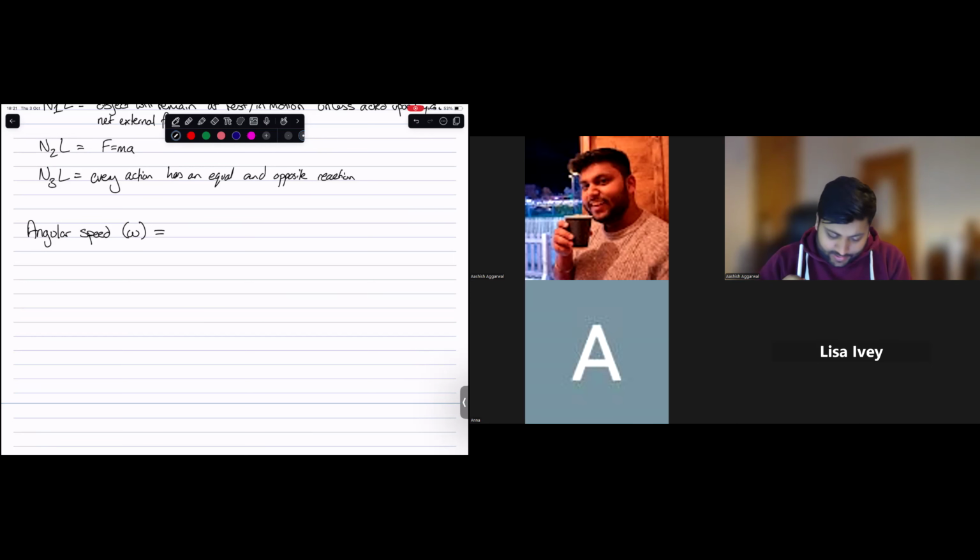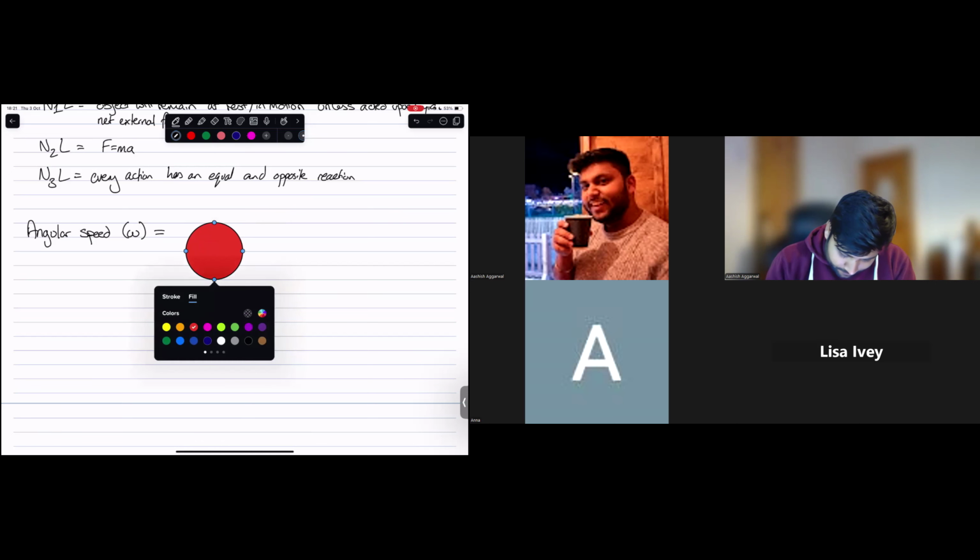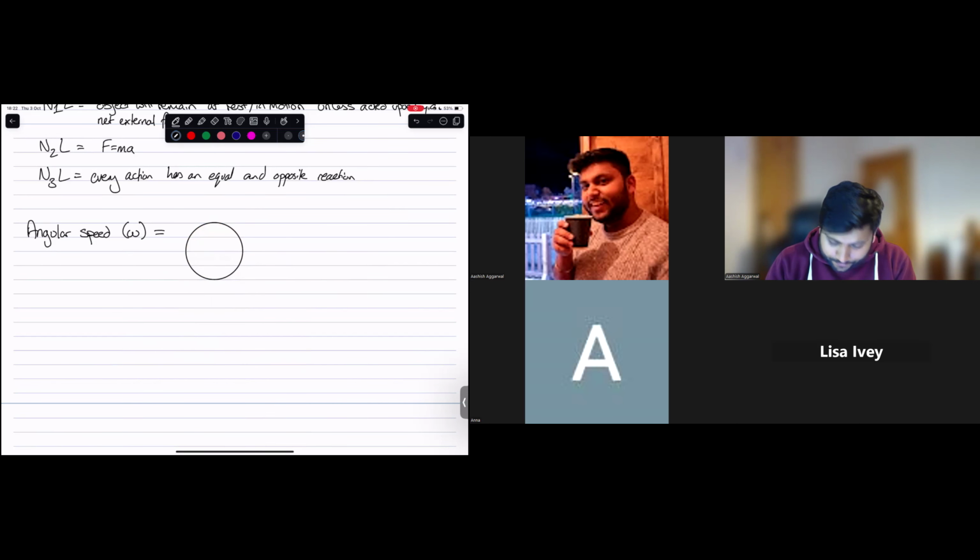Yeah, basically. If I draw a smaller circle here, and this object is traveling around and it takes 3 seconds to end up here, then it's the speed.